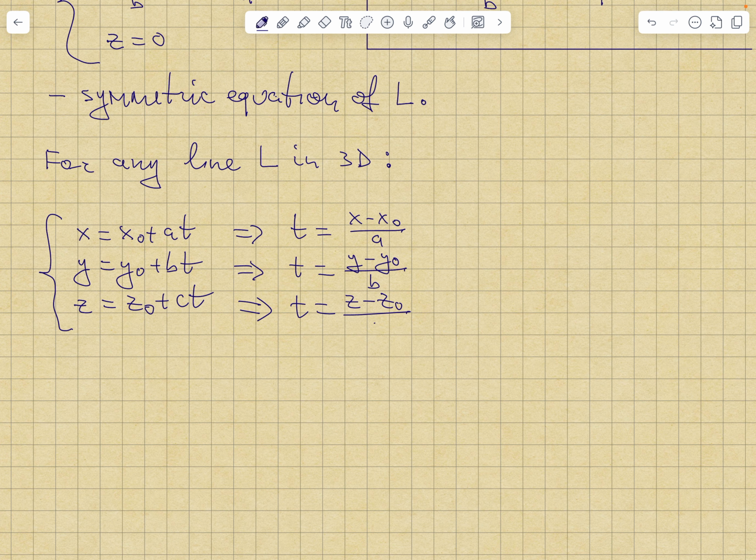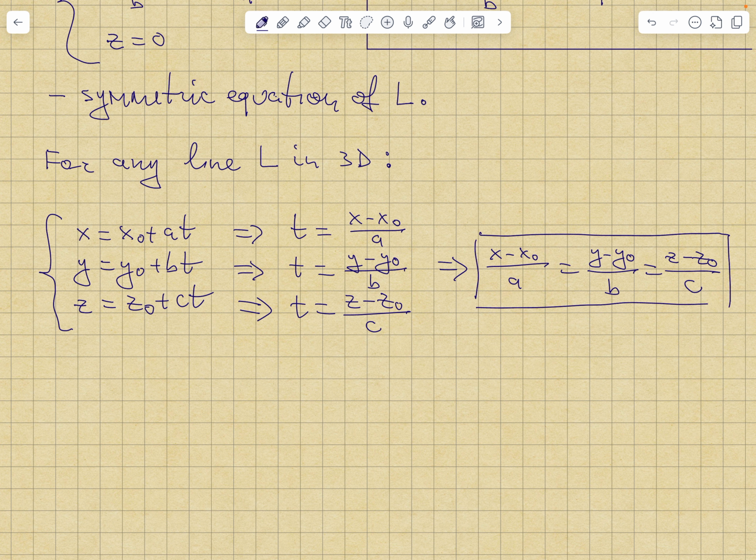And all of these t's must be exactly the same. So x minus x0 over a should be the same as y minus y0 over b, which should be the same as z minus z0 over c. This, again, is a symmetric equation of a line.